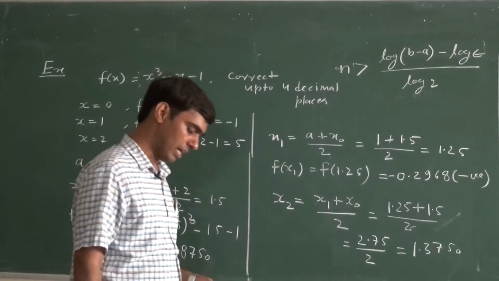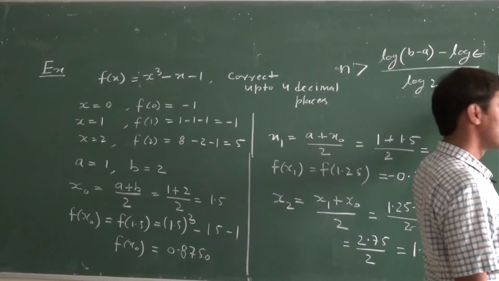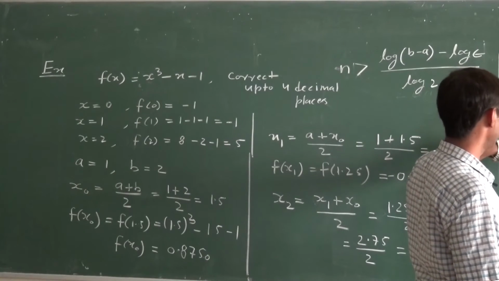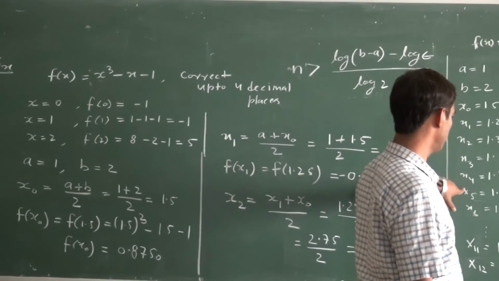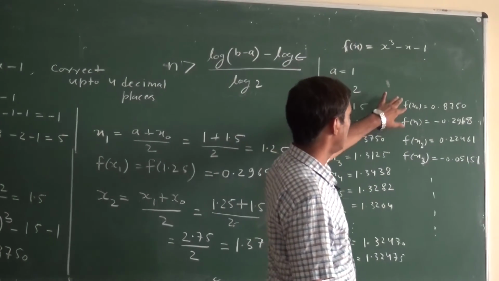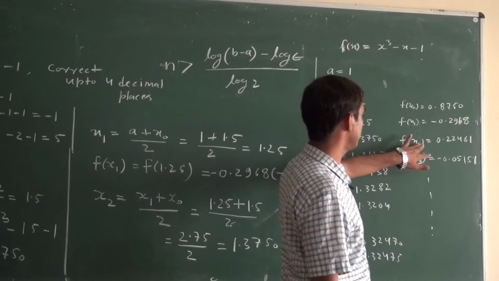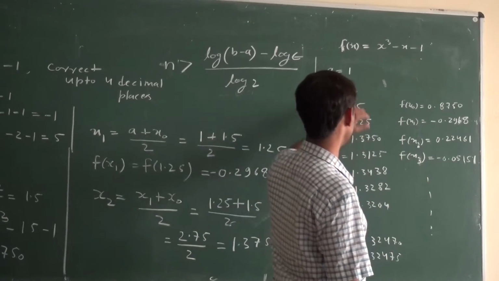Here we have already noted down the values for x0, x1, x2, x3, x4, x5, x6 up to x11 and x12, and the values of the function f of x0, f of x1, f of x2, f of x3.